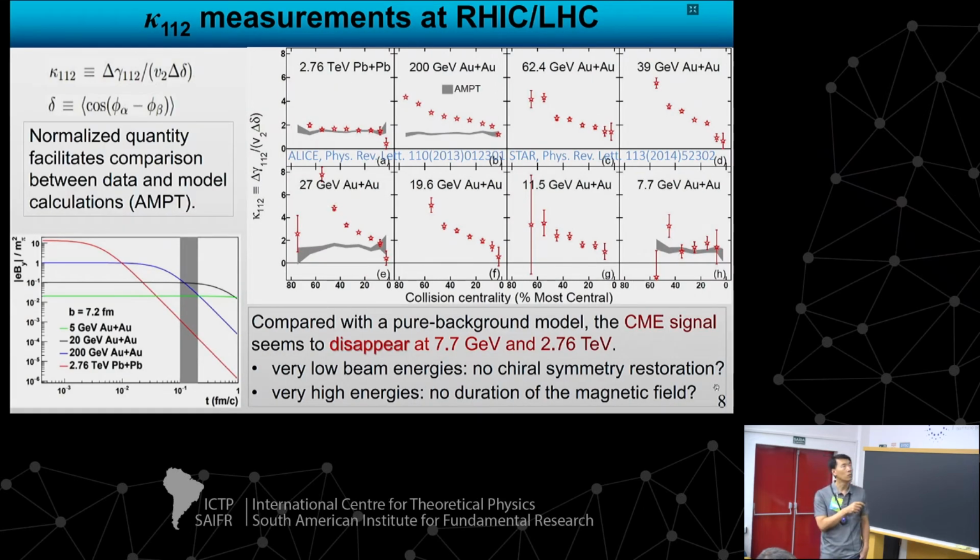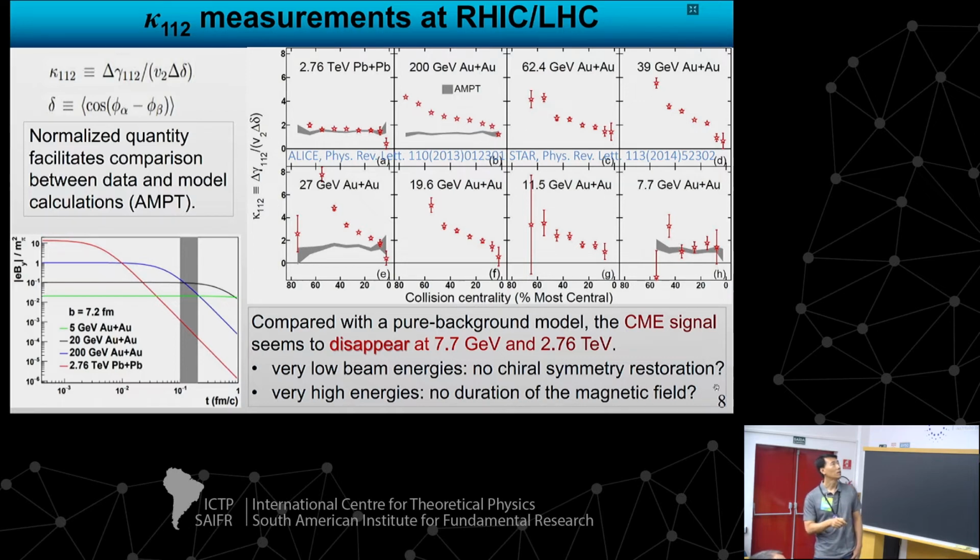So one way to mitigate the background is to scale the delta gamma with V2 and the delta delta. This is to mitigate the flow-related background. And delta delta is just the two-particle correlation, so it's a simple coupling between flow and the two-particle correlation. By doing this, a good thing is we can compare the data with some model.